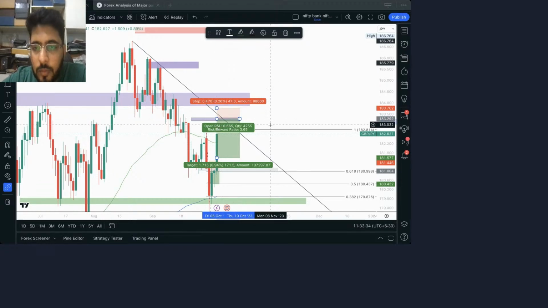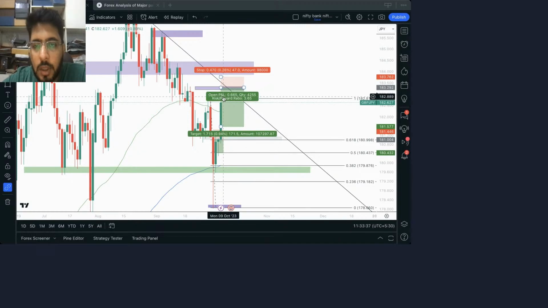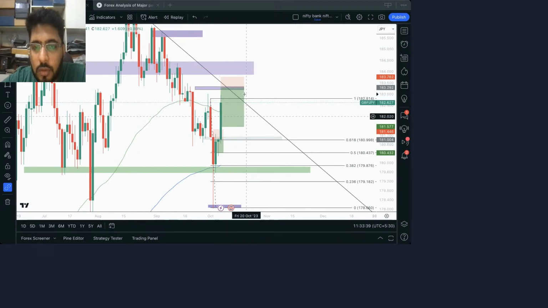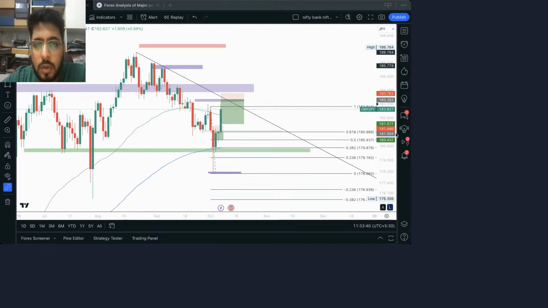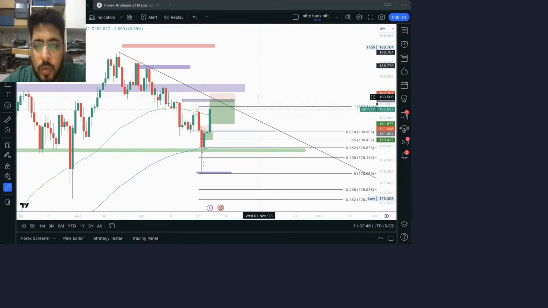280 is a good place to take the trade, and it has good downside potential because overall on the daily time frame the trend is downward. It's just a pullback. If it breaks the previous high, although it can go, if it does not break the previous high, it can go from here to somewhere over here, I think at this level.